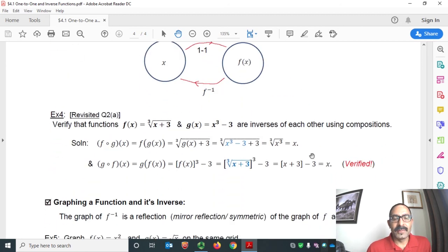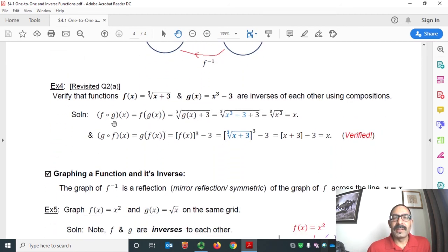Great. So now here, let's evaluate f composed with g. Here f composed with g at x equals f of g of x. So here g of x is the input for the f function. What f does is take x and give us cube root of x plus 3.